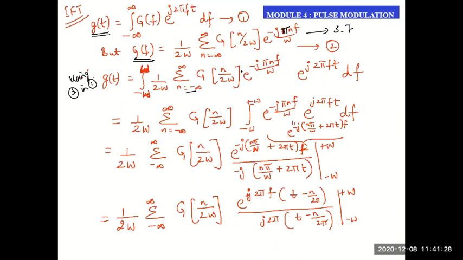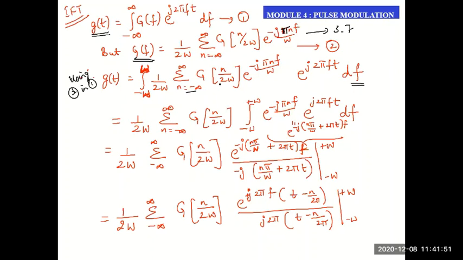It is the weight, taken outside because it does not have the variable f. Remember the variable here is f, the frequency, so it represents a constant or scaling factor. Now what do I have within the integral?